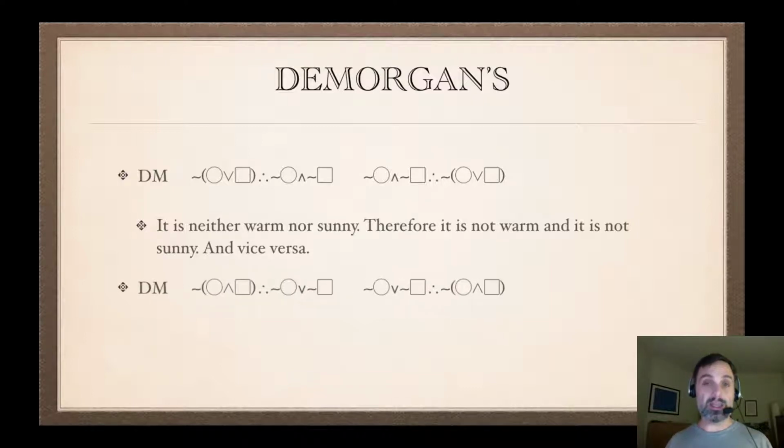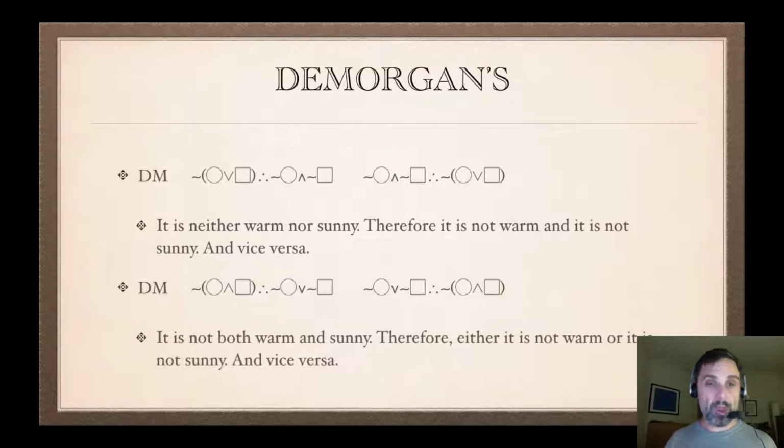And again, if we say it's not the case that it's both sunny and warm, then either it's not sunny or it's not warm, and vice versa. So the things I was saying about negation and disjunction and conjunction at the beginning of the video are related points about how negations interact with disjunctions and conjunctions and how to read them.